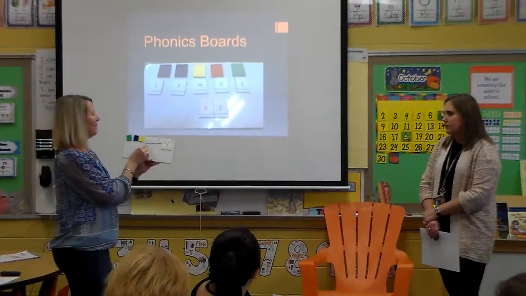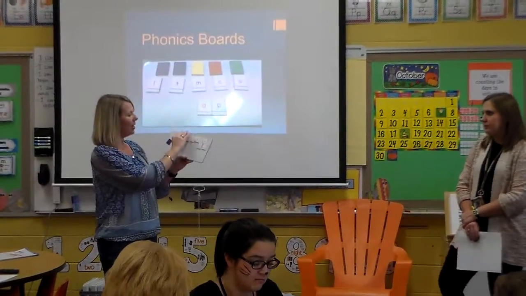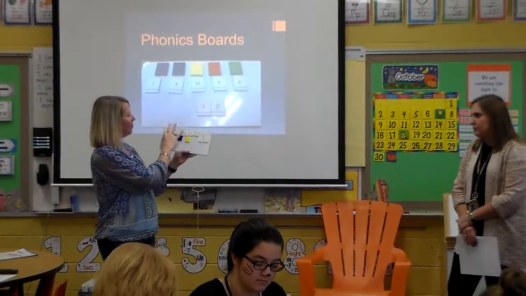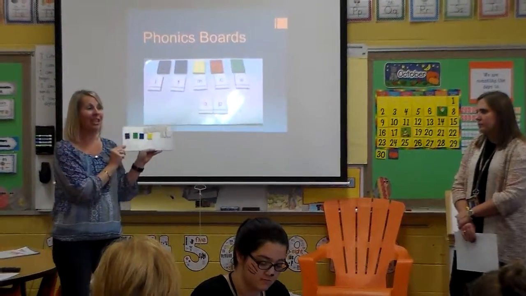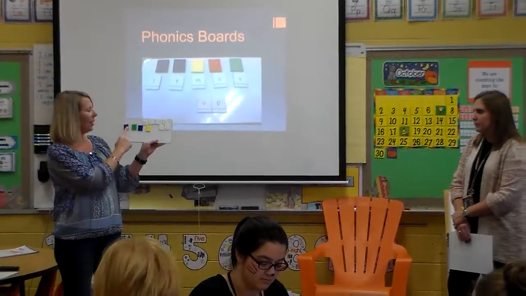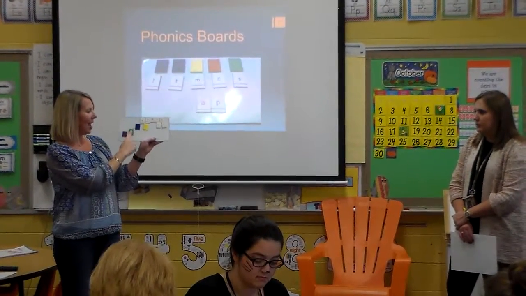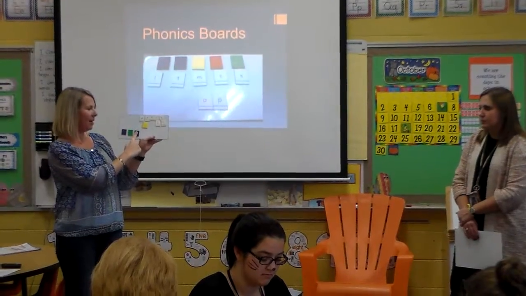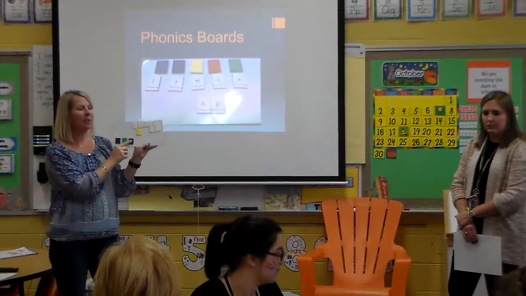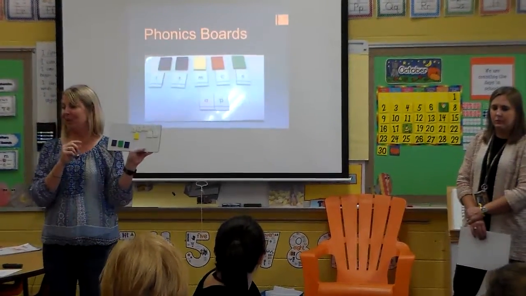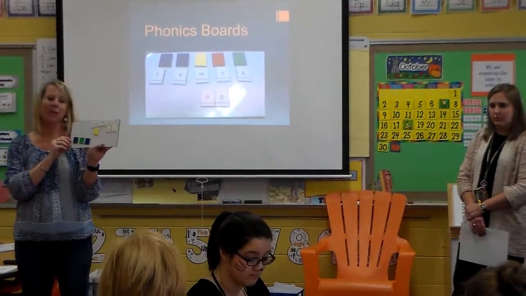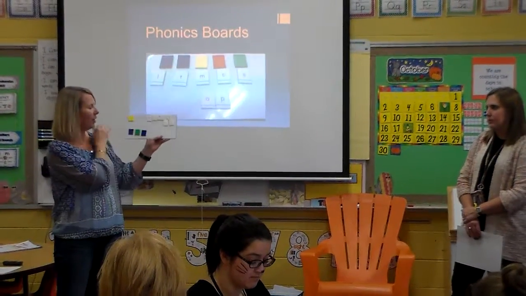So we're going to segment. So when we say lap, we're going to take our color tiles and we're going to bring down a tile for each sound in the word. And this way the children see that there are 3 sounds in the word lap. Okay, so we will not be using that 4th tile.